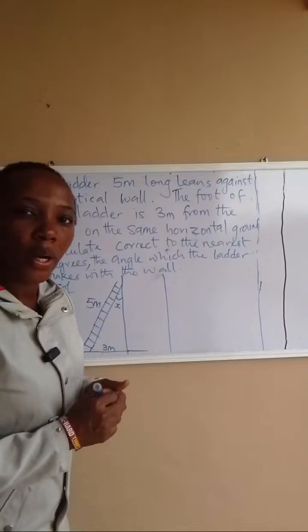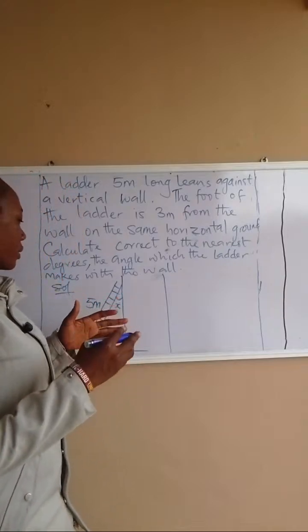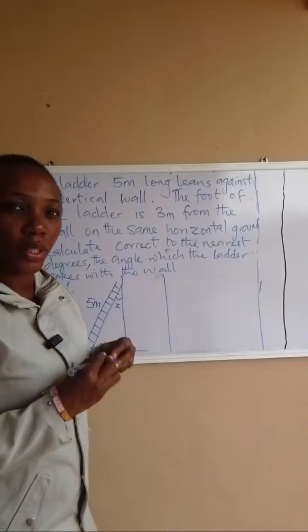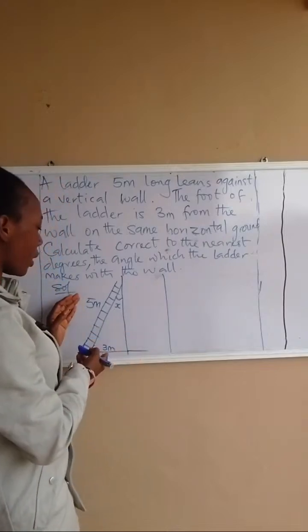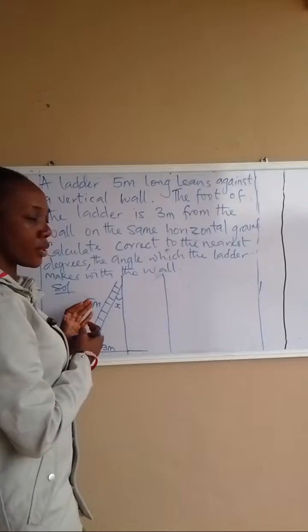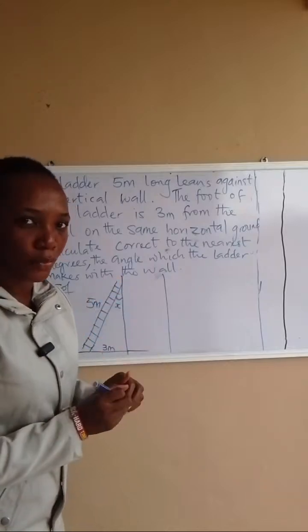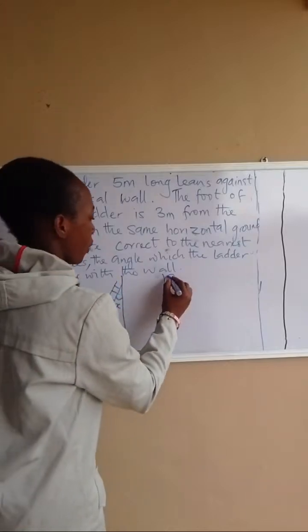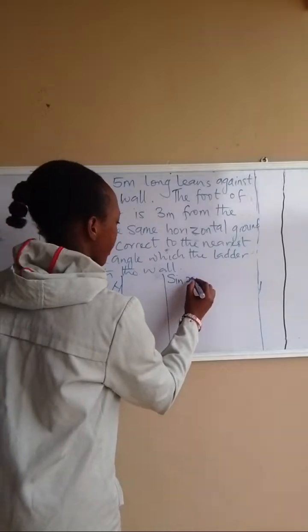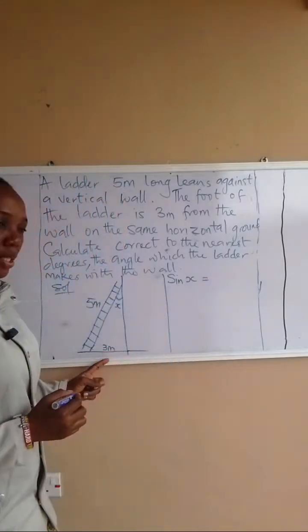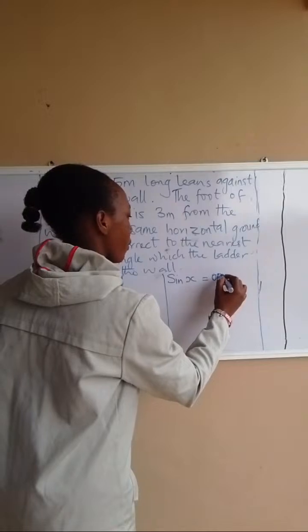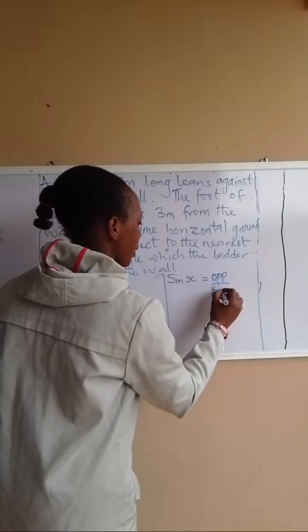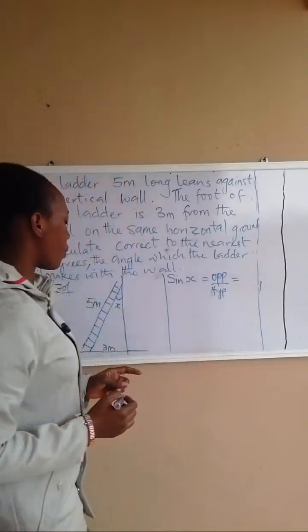So which trigonometric ratio carries this formula of opposite and hypotenuse? That is sine. So we are asked to look for sine x equals opposite over hypotenuse. What is our opposite?